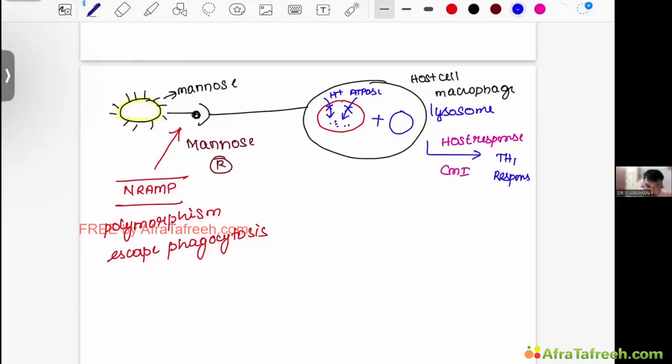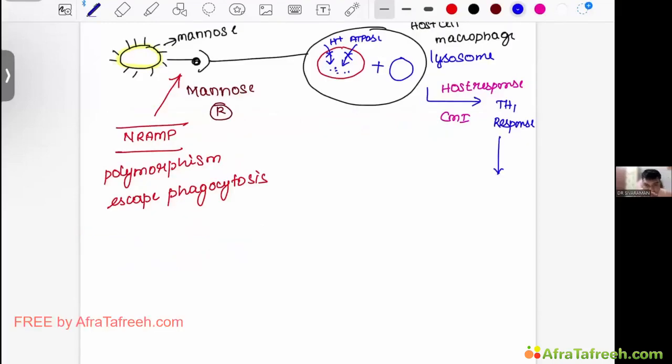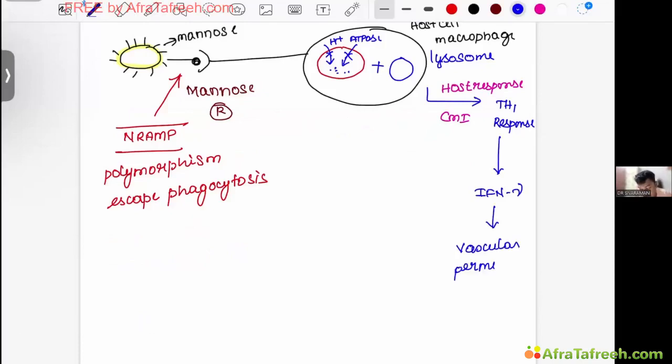This Th1 response produces interferon gamma. This interferon gamma will increase vascular permeability and increase inflammation.